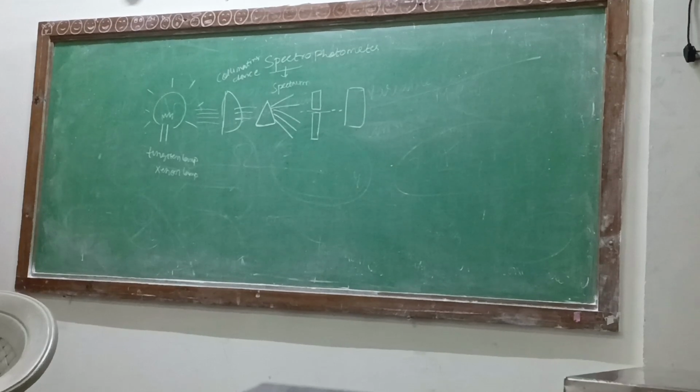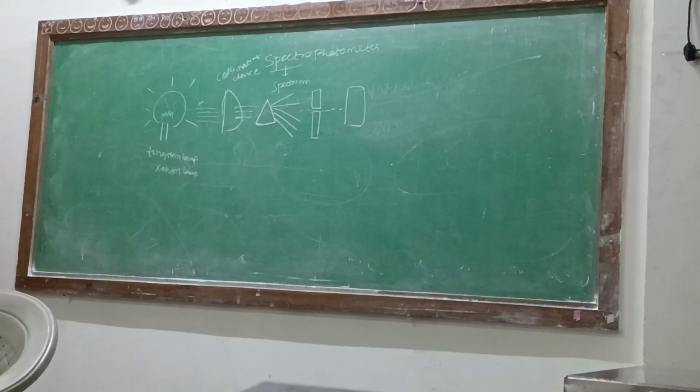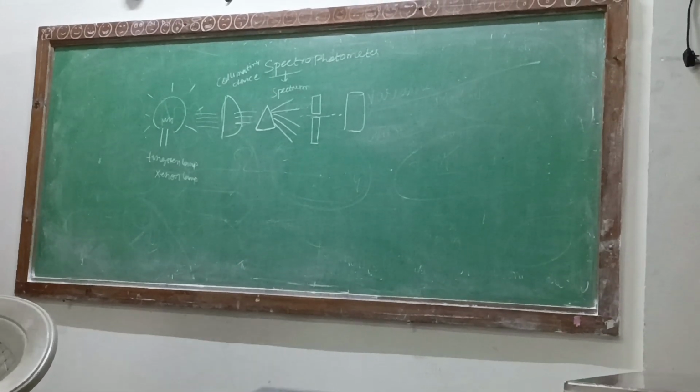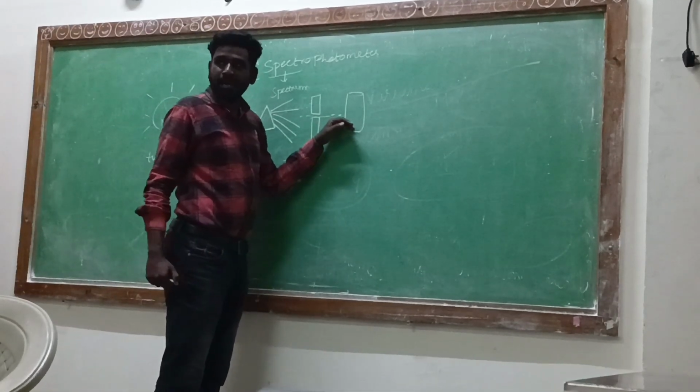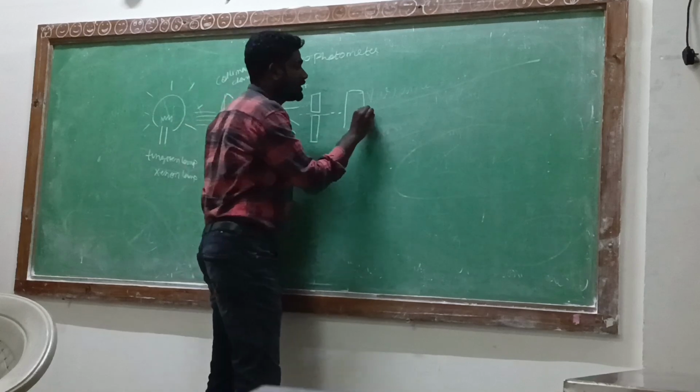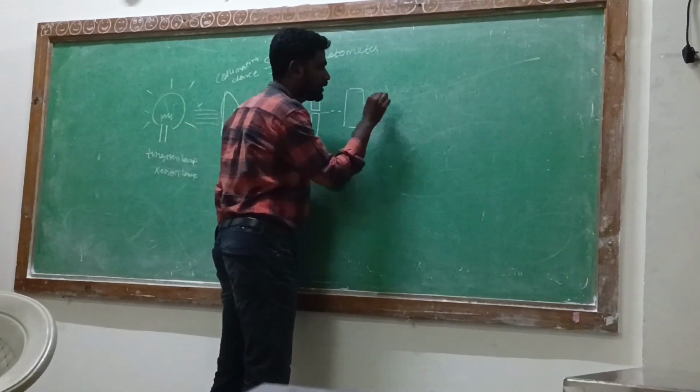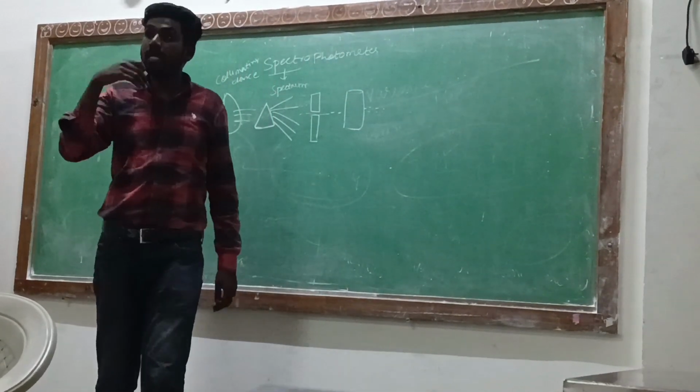Okay? Now the light falls there, and after that Beer's law and Lambert's law can be applied. Whatever light is left over falls on the other side.